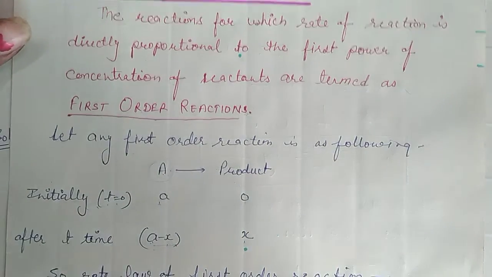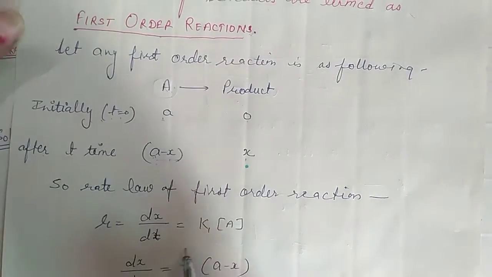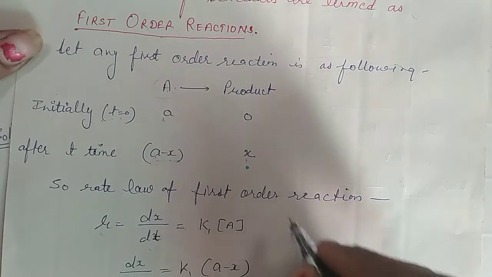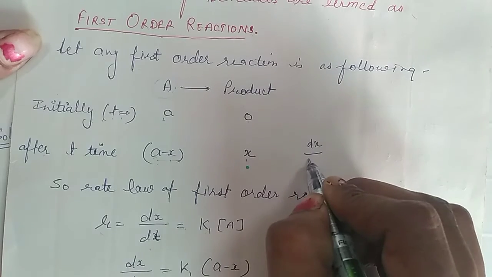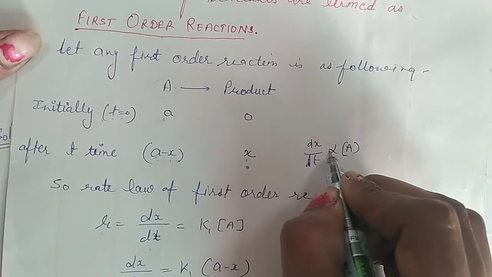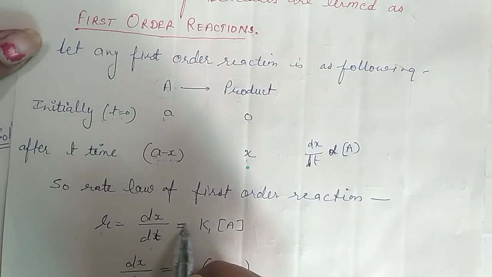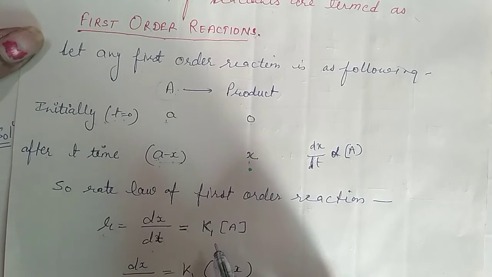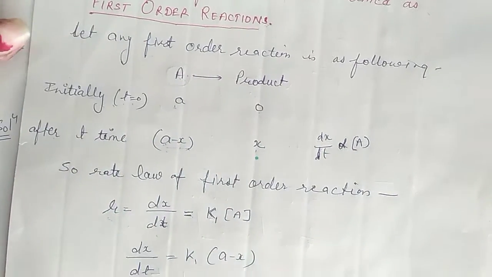So according to the first order reaction, rate R is equal to dx upon dt, which is equal to k1 a. Here dx upon dt is directly proportional to a, and when we take the equals sign, then k1 is the rate constant for first order reaction, as I have told you very well.